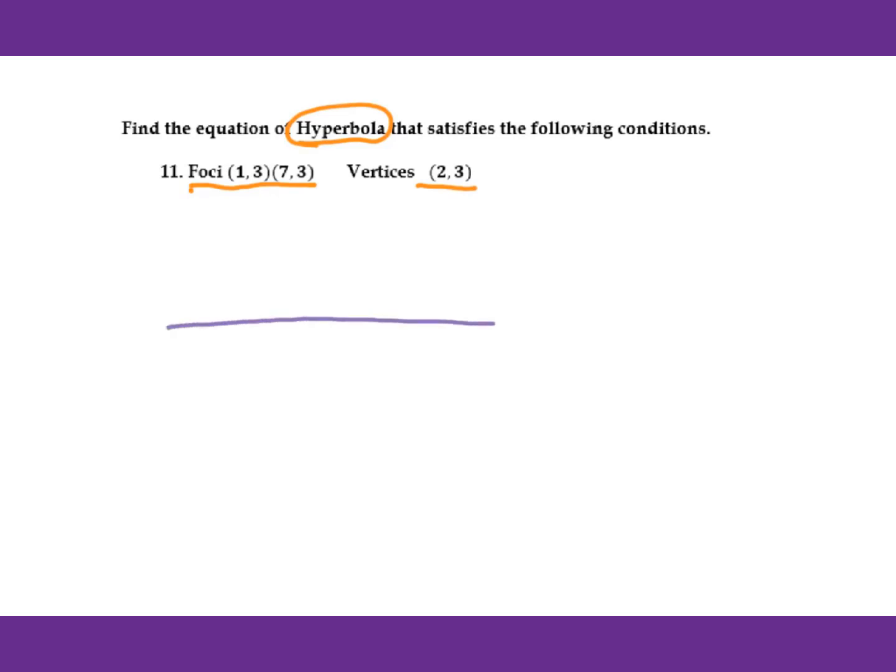Let's sketch these points on the coordinate plane. We have (1, 3). That's a focus. (7, 3). Vertex is (2, 3).